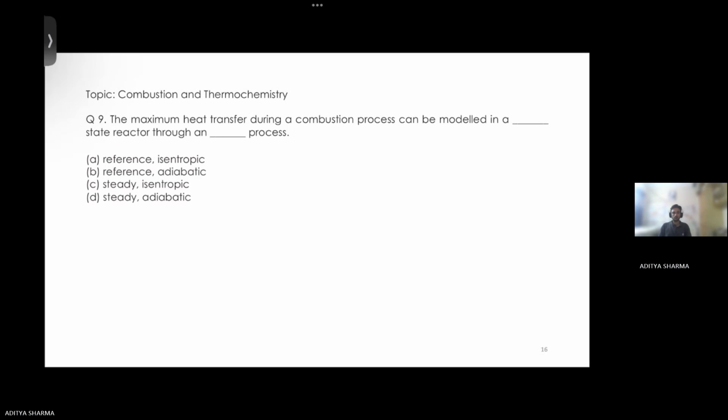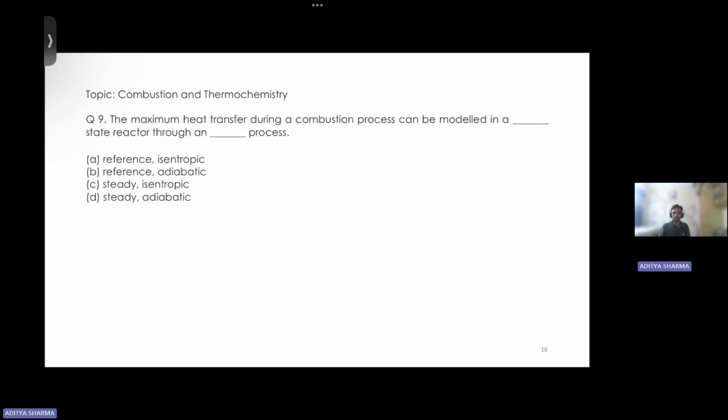To model that in adiabatic condition, the reactor has to be a steady state reactor. This is from your lecture notes only.